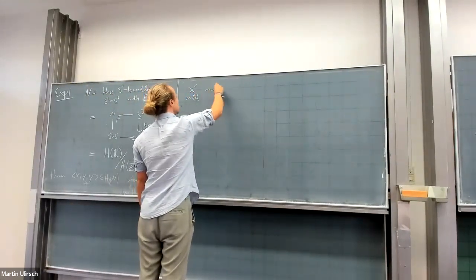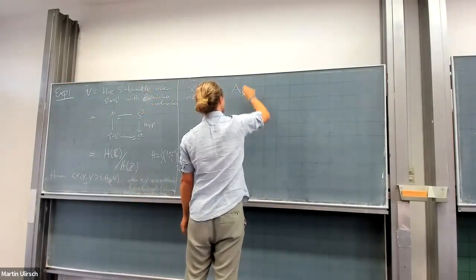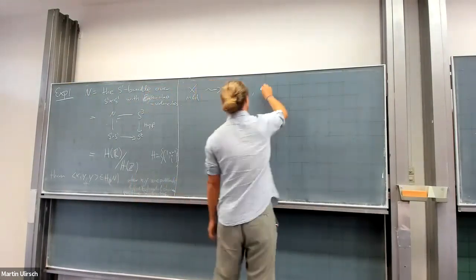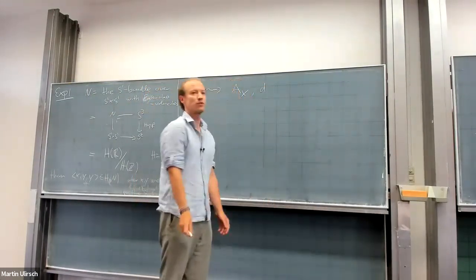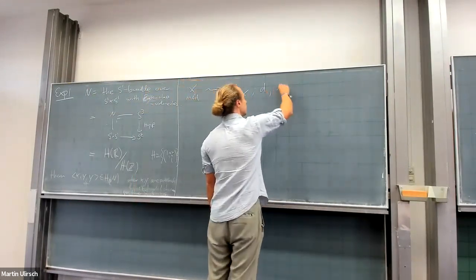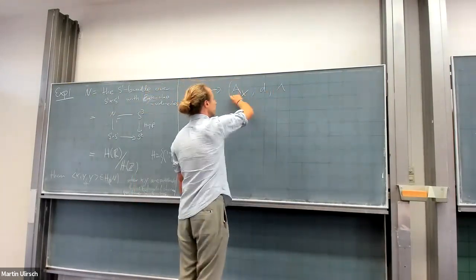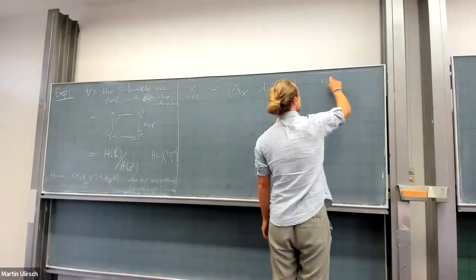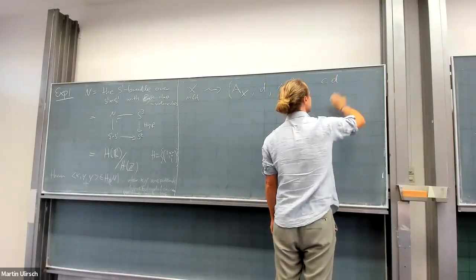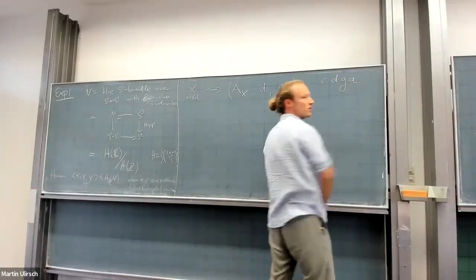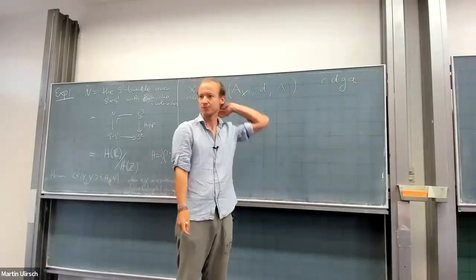If we have a manifold, then we can associate to it the complex of differential forms, which also has an algebra structure. And then together, this is a commutative, in the graded sense, differential graded algebra, CDGA for short.